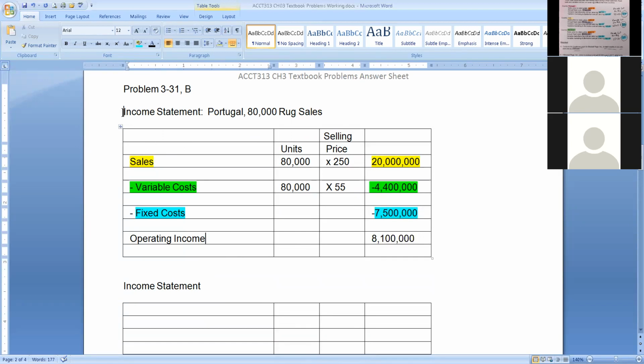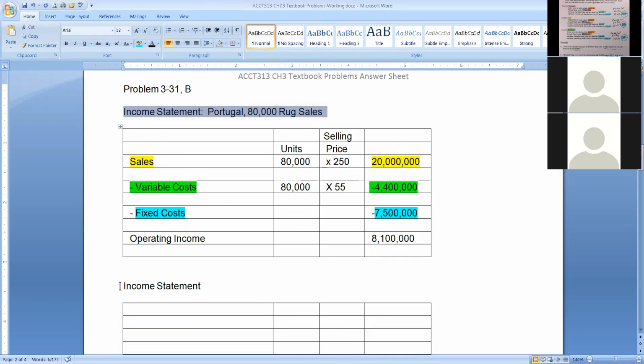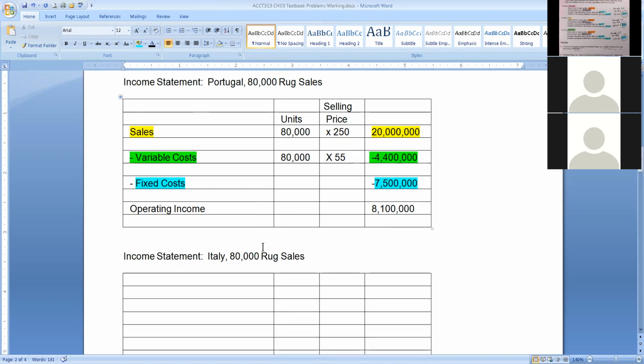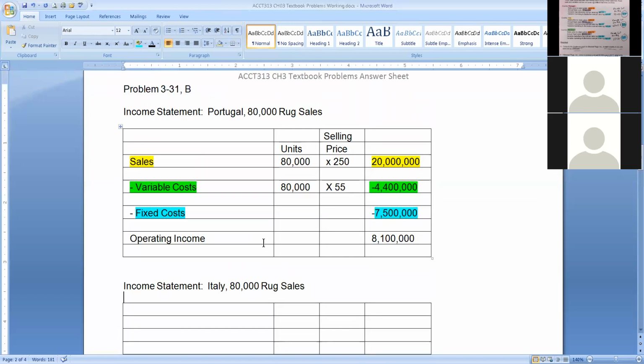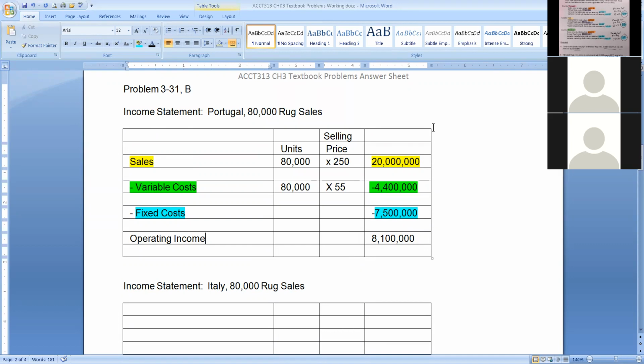Okay, so we're going to do the same thing for the second one, what, Italy? By the way, some of you guys have, I'm sure, picked up on that.